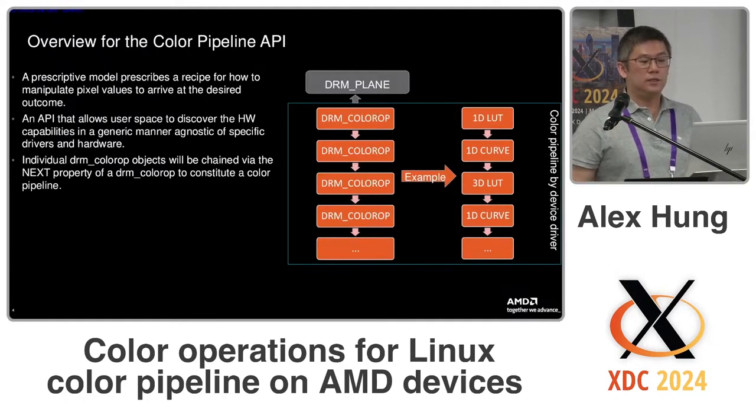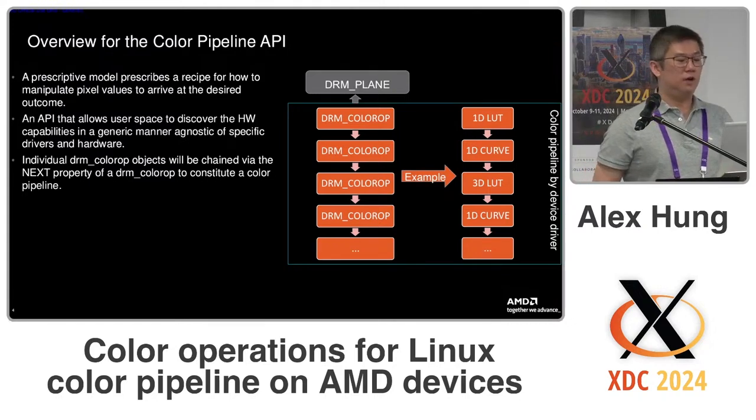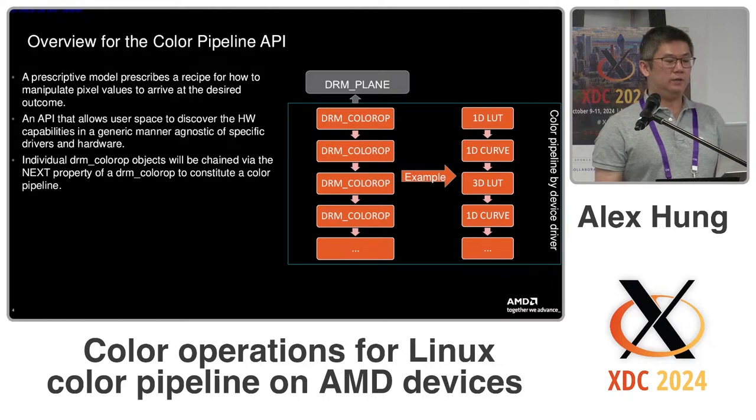So what's a color pipeline API? This was presented by Harry previously, but let me just do a recap. It's a model that prescribes a recipe for how to manipulate pixel values to arrive at the desired outcome. And it's an API to allow user space to discover the hardware capability in a more generic way.